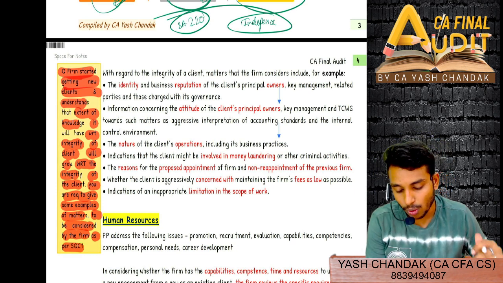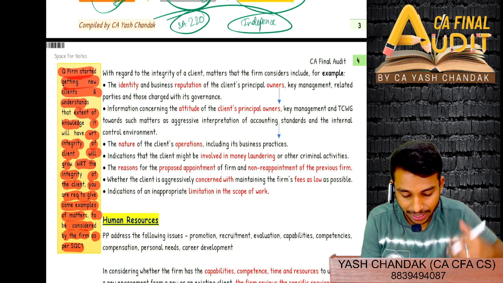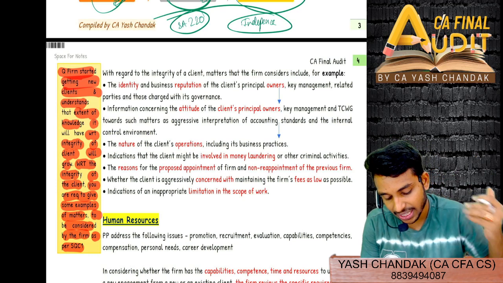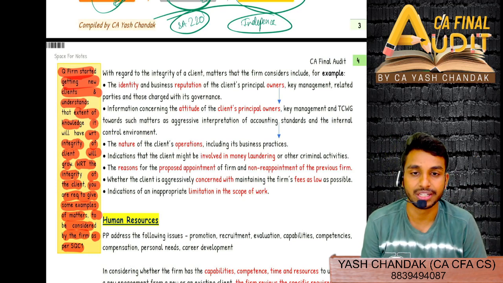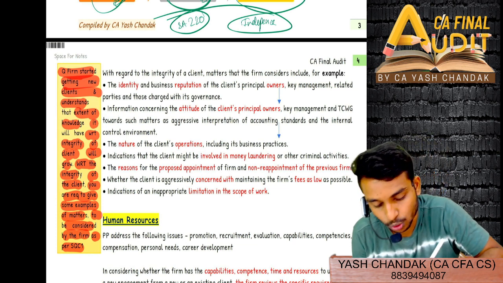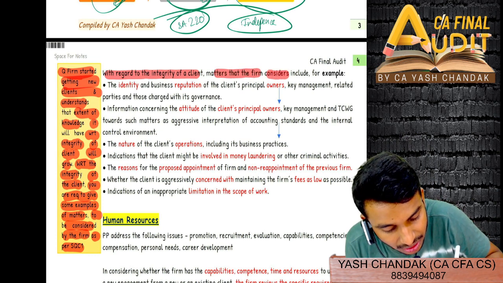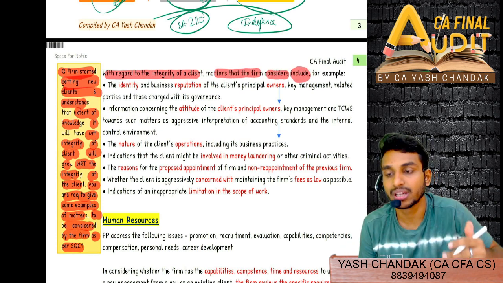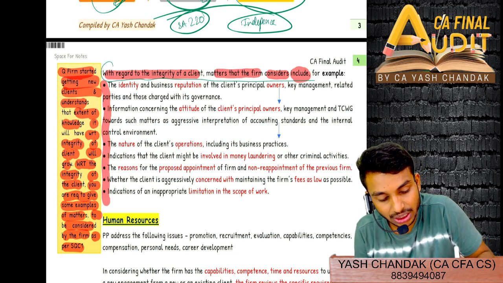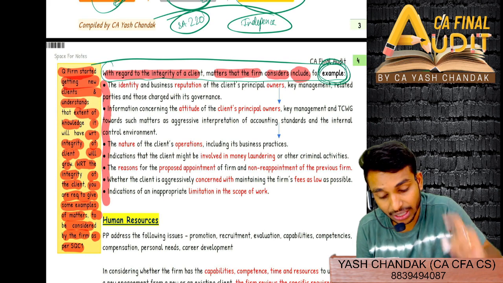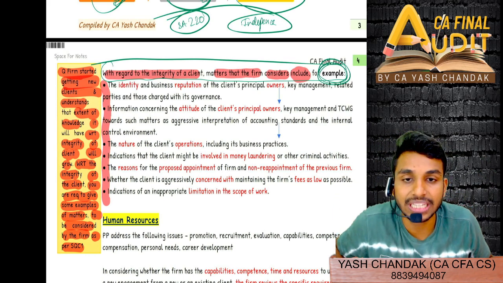As per SQC 1, you are to provide certain examples of matters that the firm will consider for assessing the integrity of the client. So just see the question: with regard to the integrity of the client, matters that the firm considers include. Just see the line in the question. They have framed it in a manner equivalent to the important line we need to address.